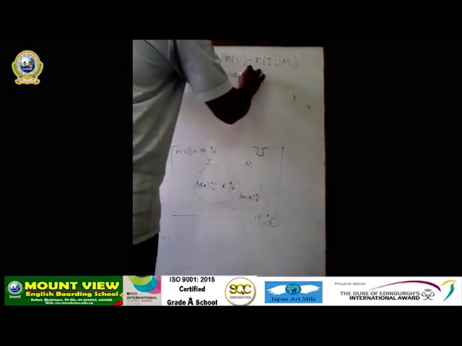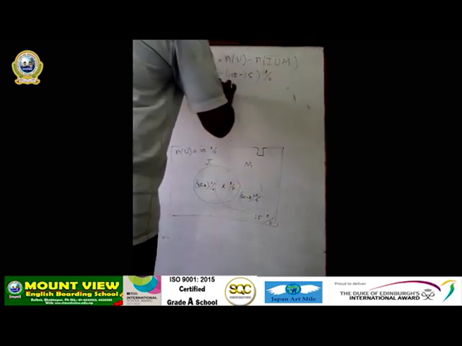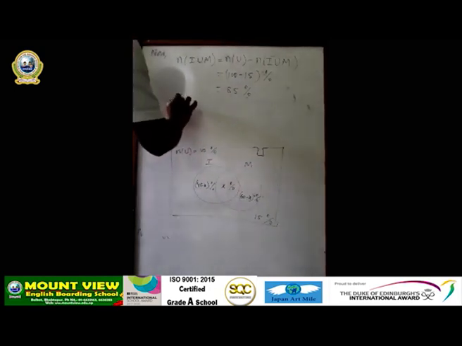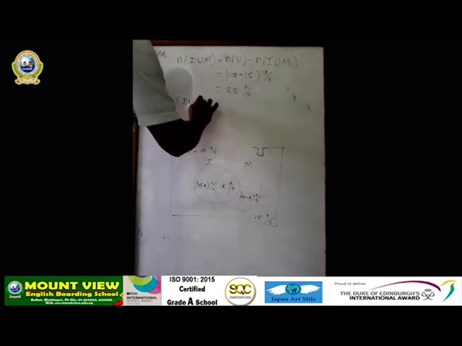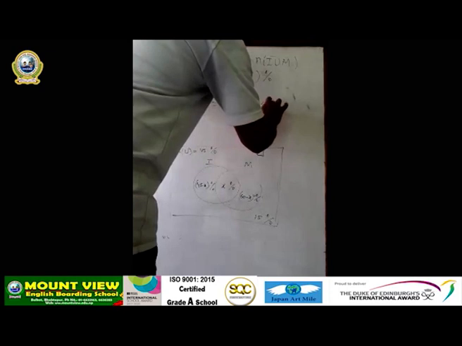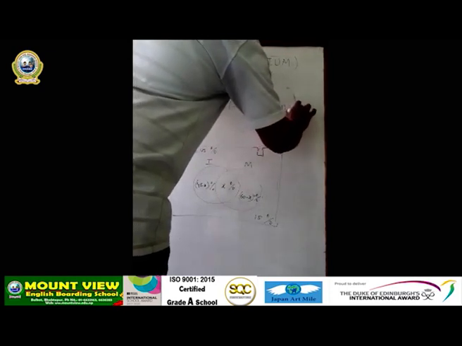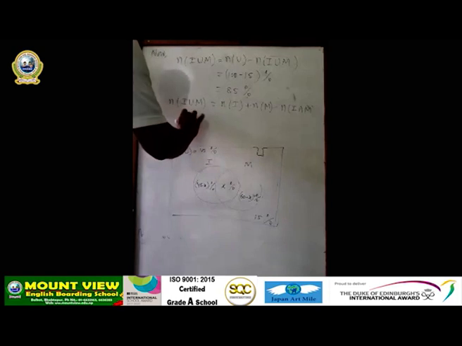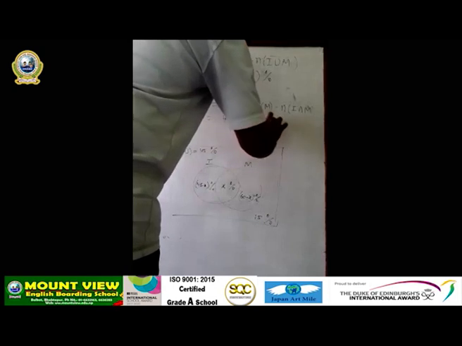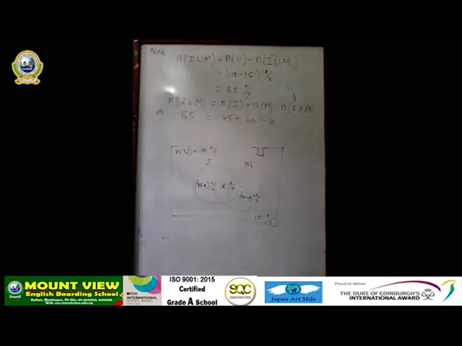That means 100 minus 15%, it is 85%. Second, n(I union M) is n(I) plus n(M) minus n(I intersection M). Union is 85, I mean 45 plus 60 minus x. Now let us see, x will be equal to 20.